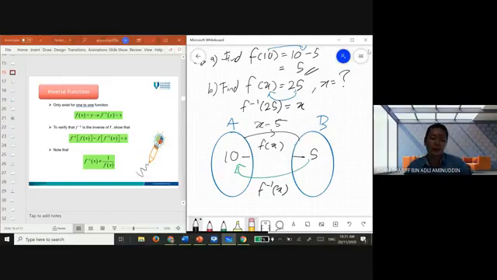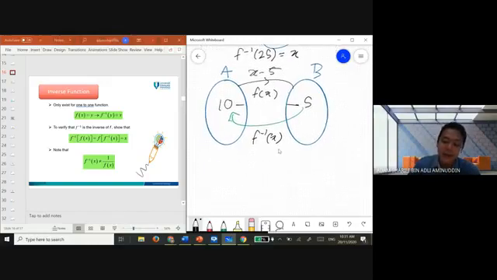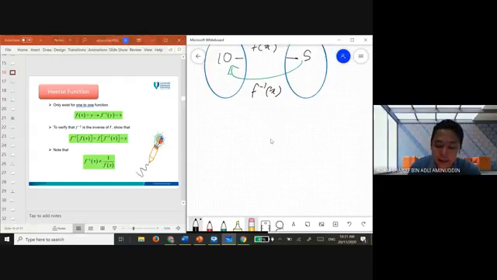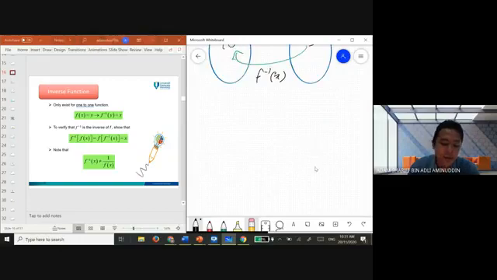Okay, so how to find the inverse function? That is the skill that you need to revitalize back. Okay, it only exists for one-to-one function. There's a reason why. Saya tunjuk dulu kenapa dia hanya untuk one-to-one function.